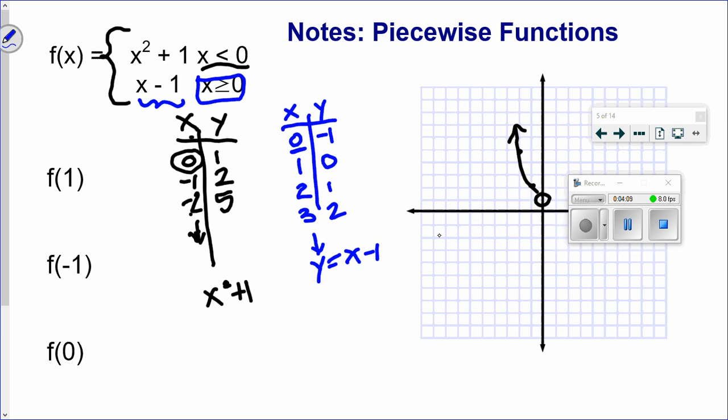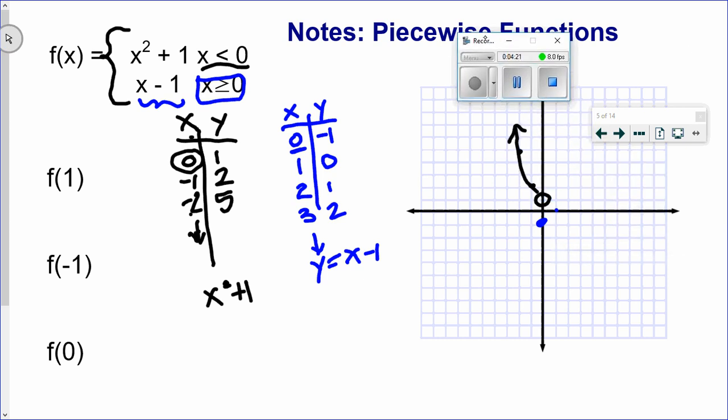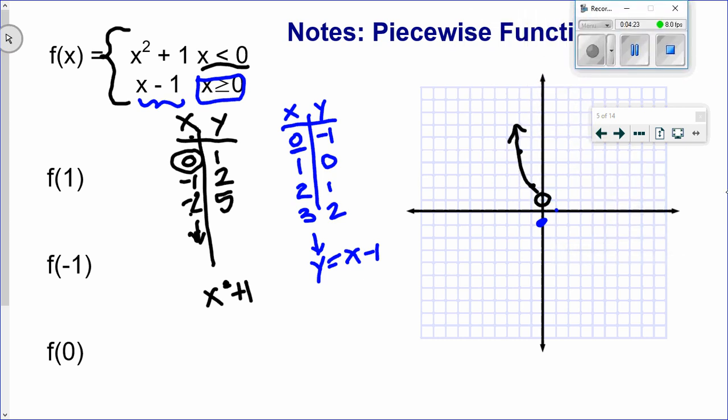So I have (0, -1) with a closed circle, (1, 0), (2, 1), and (3, 2). And then I draw, and notice that one's a line, so it better look like a line. Well, as close to a line as you can get it.